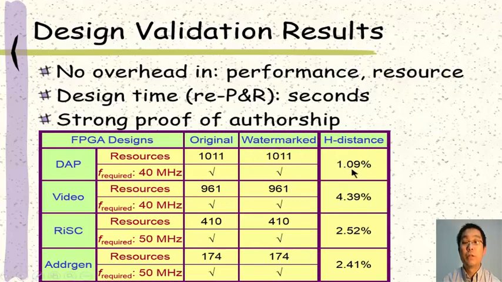And this shows the Hamming distance in percentage, 1.09% up to 4%. And pay attention that for these benchmarks, the configuration bitstream files are in terms of megabytes. So even 1% is a lot of difference between the two designs. So that can be used as a very strong proof of the authorship.